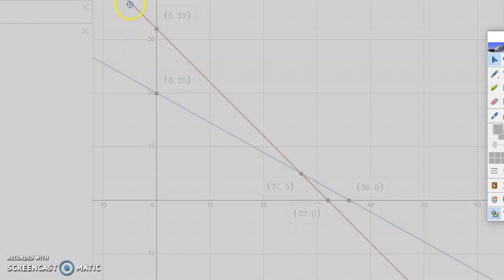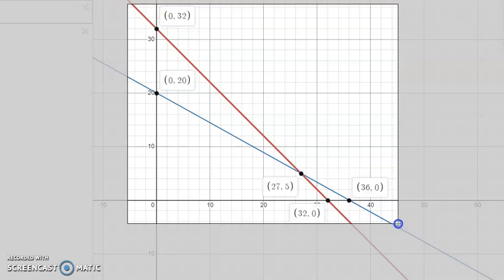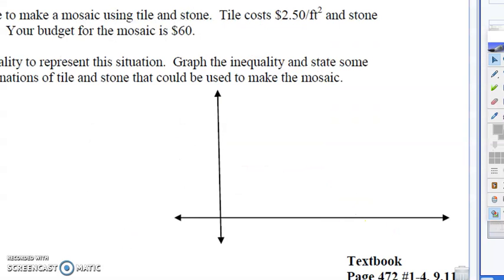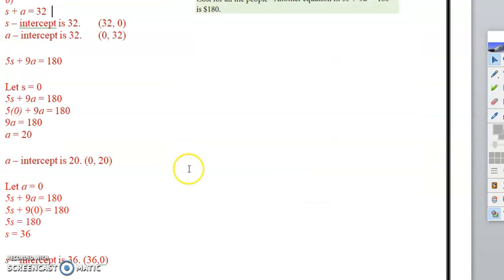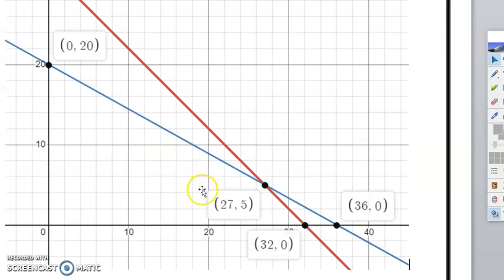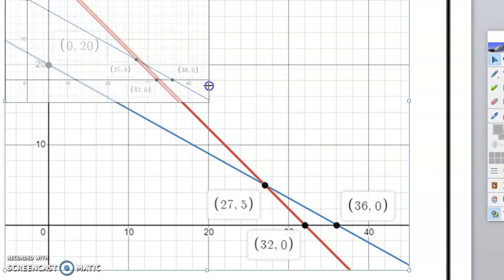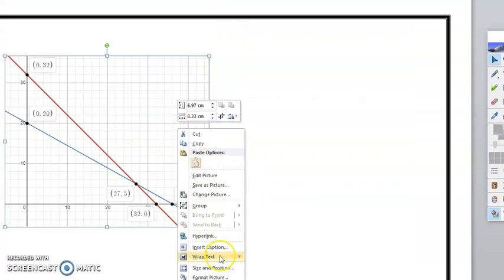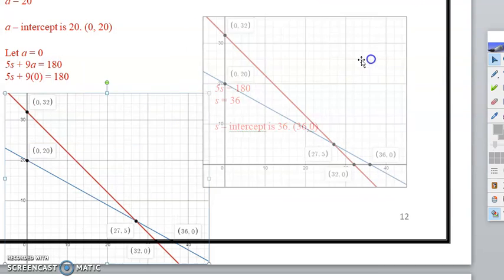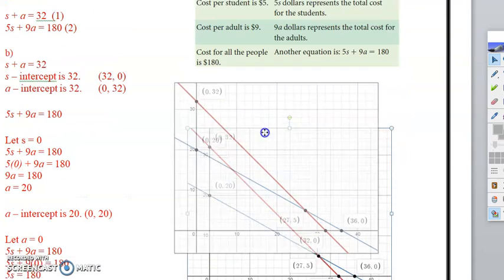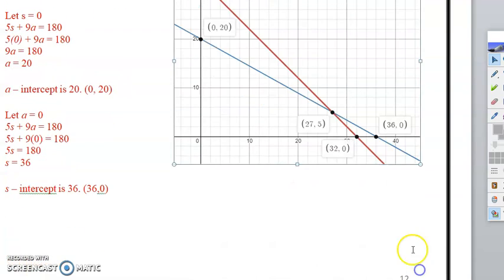Let's grab this for my graph, so you have it for your notes. You're doing this, you're not in class, right? There's your graph.